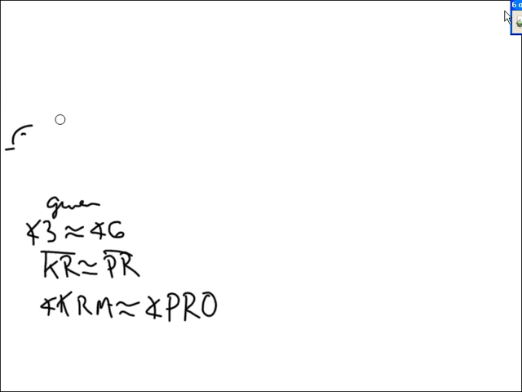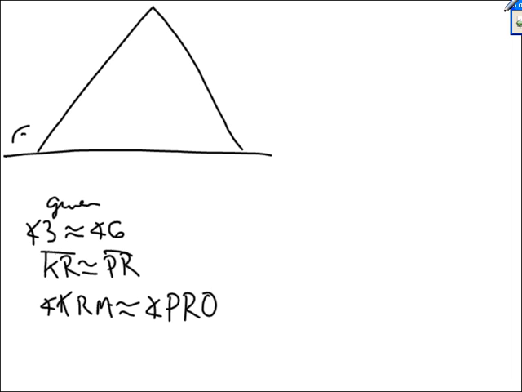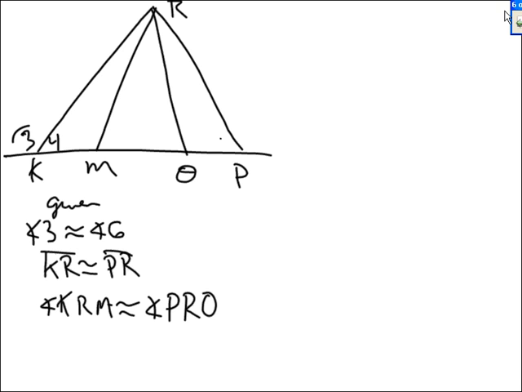Bigger in this case meaning spread out more. KMOPR. And 3 and 4 and 5 and 6. So angles 3 and angle 6 are in fact equal to one another.